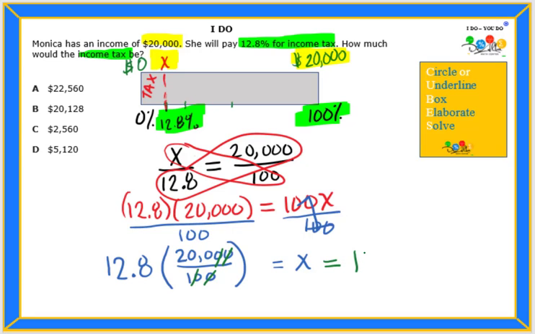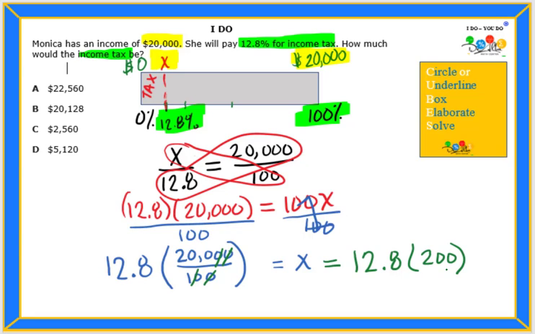So that would be, we have the 12.8 still outside, and 200 divided by 1. 200 divided by 1 is 200. So to find x, the amount of income tax, we need to multiply 12.8 times 200.